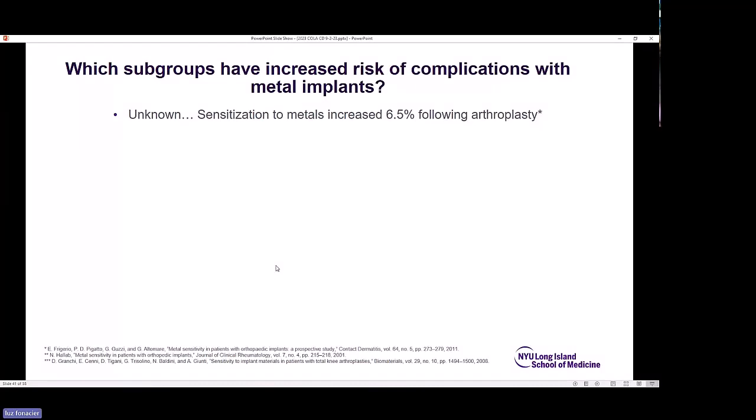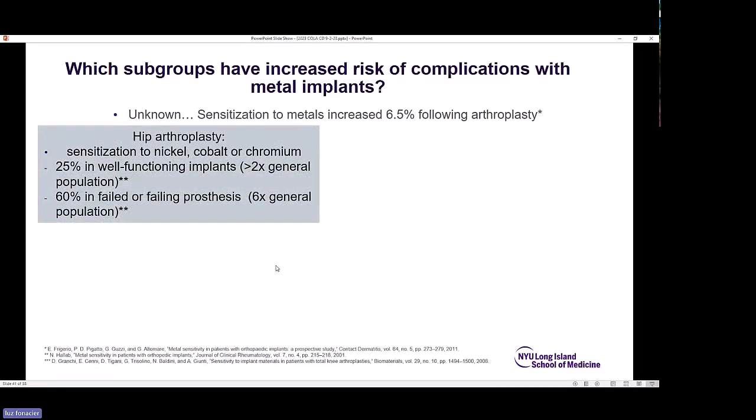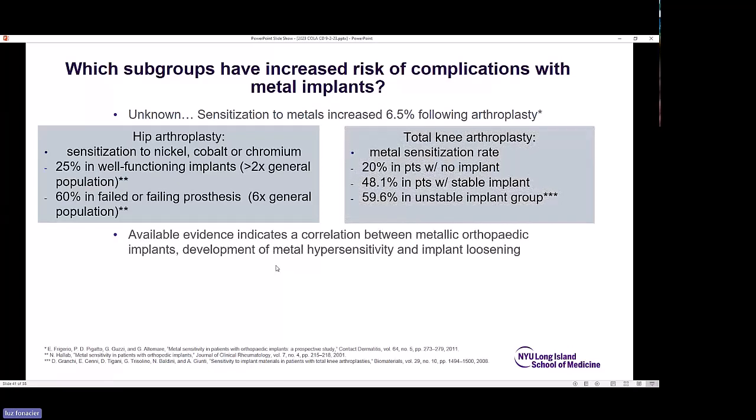We know that sensitization to metal, meaning a positive patch test to metal, increased 6.5% after an arthroplasty. For a hip arthroplasty, sensitization to the three common metals, nickel, cobalt, and chromium, is 25% if the joint is well functioning. So just having that joint in, about 25%. If you have a failing joint, about 60% would have a positive patch test.